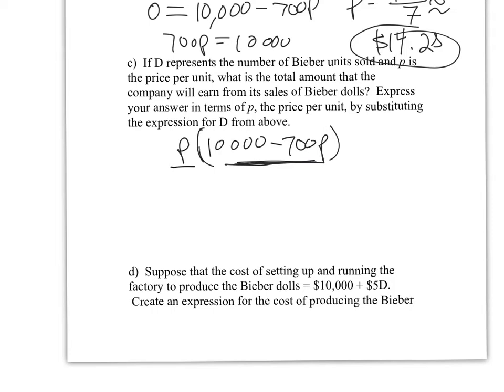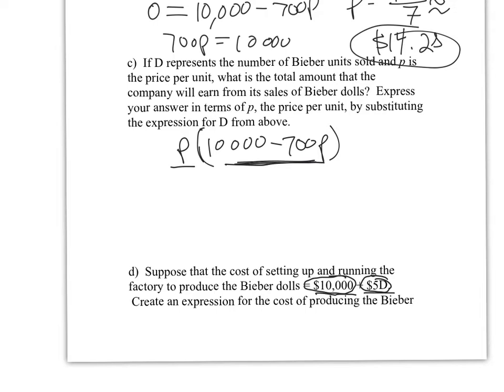Now we have another expression. What if the cost of setting up and running the factory to produce these dolls is equal to $10,000 plus $5 per doll? That means we need to set up the factory and the manufacturing line, and then for each doll that we sell, it costs us $5.